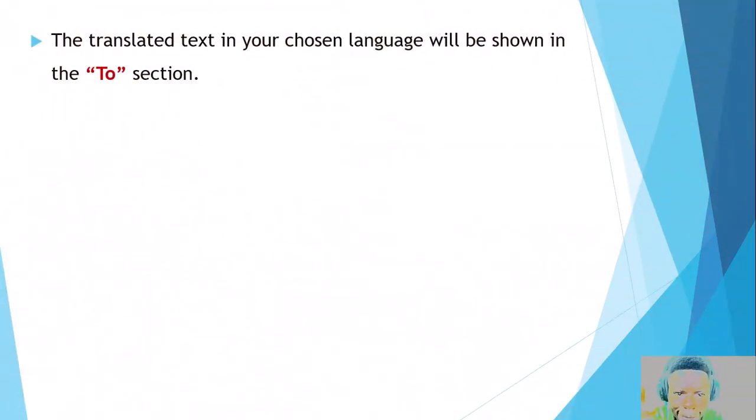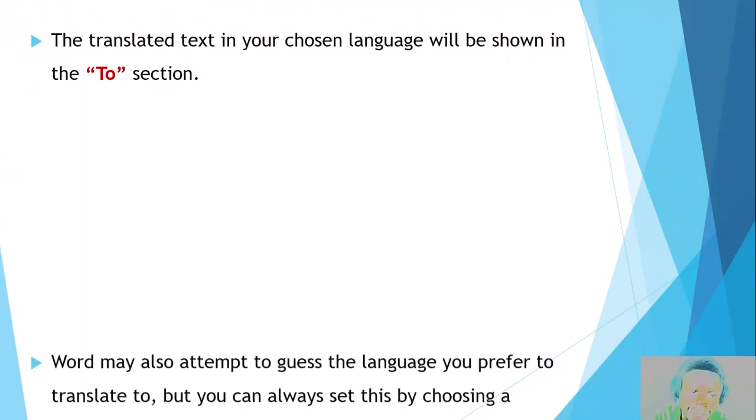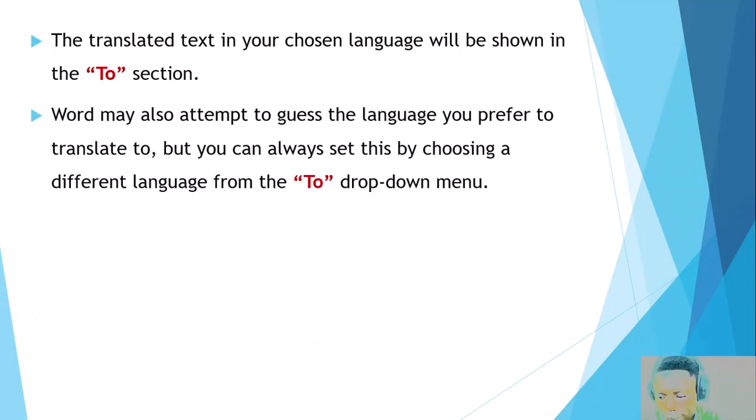The translated text in your chosen language will be shown in two sections. There will be a section which is From and the To. So the From is the language the text or the selection is formally in, and you are going to translate it to a different language. Word may attempt to guess the language you prefer to translate it to.